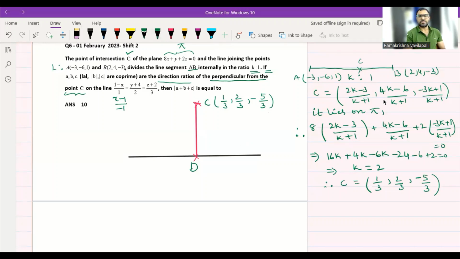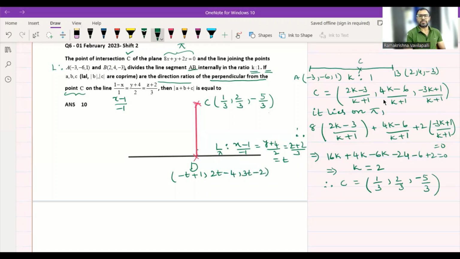Here the line L is (x - 1) by -1, (y + 4) by 2 equal to (z + 2) by 3. You take equal to some t. So the coordinates of D are now (-t + 1, 2t - 4, 3t - 2), any point on the line.